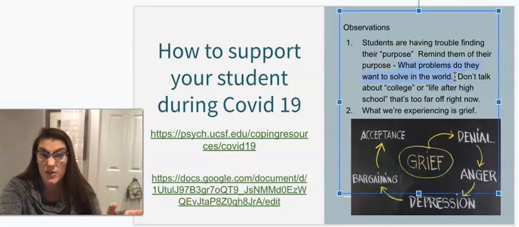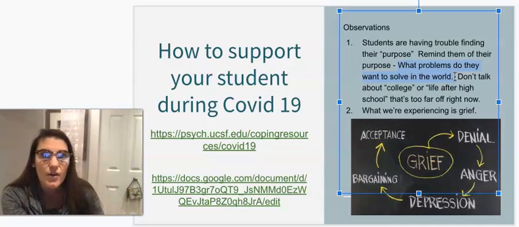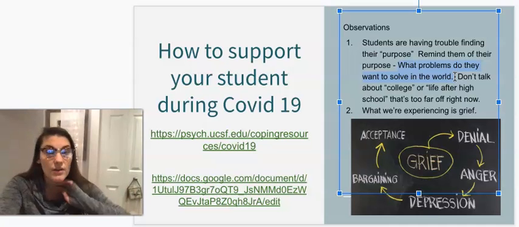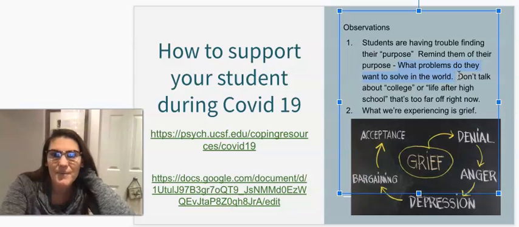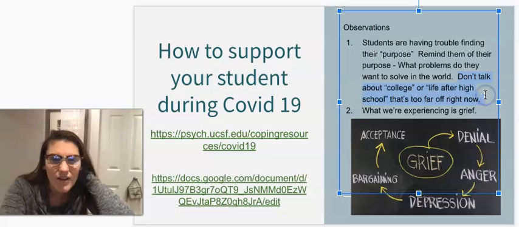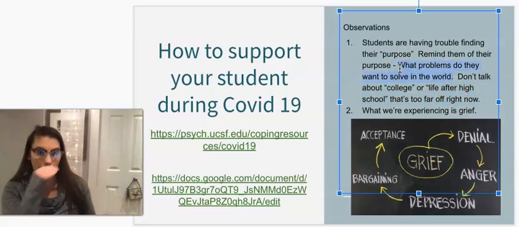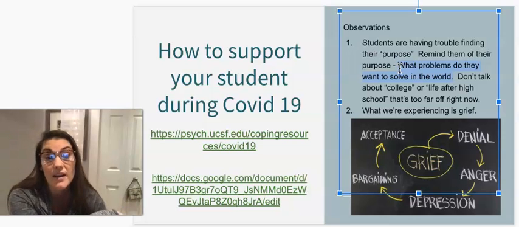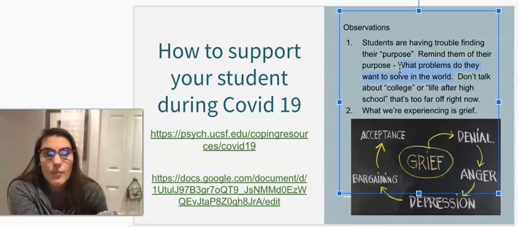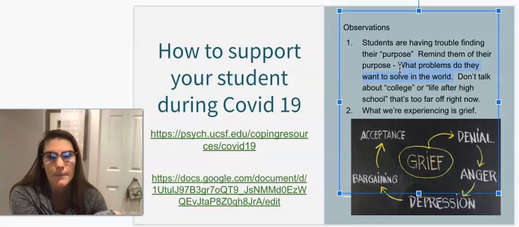And it could be big picture, sort of akin to the question about like, what do you want to be when you grow up? But you don't want to talk about college or life after high school. It's too far off. But thinking about like right now, what problems would you solve and how would you solve them? How could you be a part of that right now? Bringing that purpose back into them.